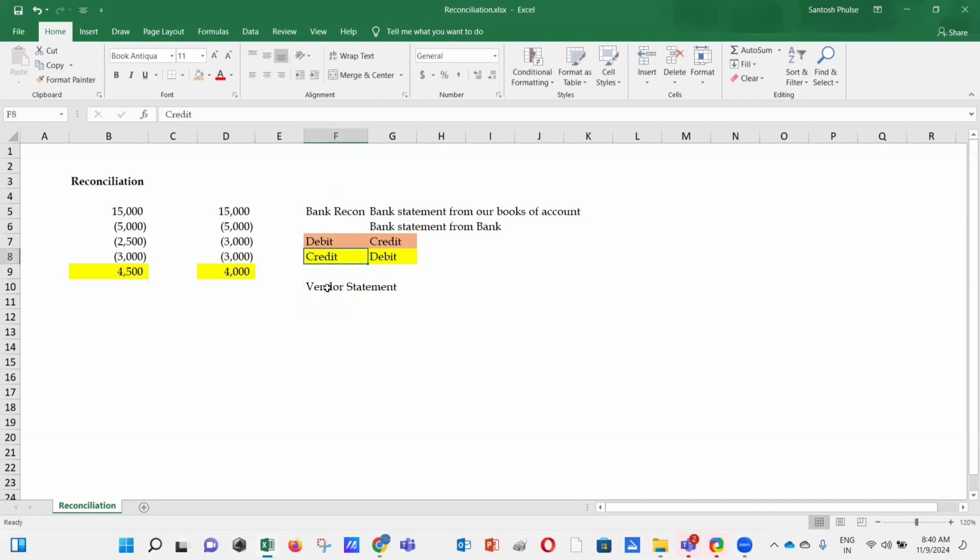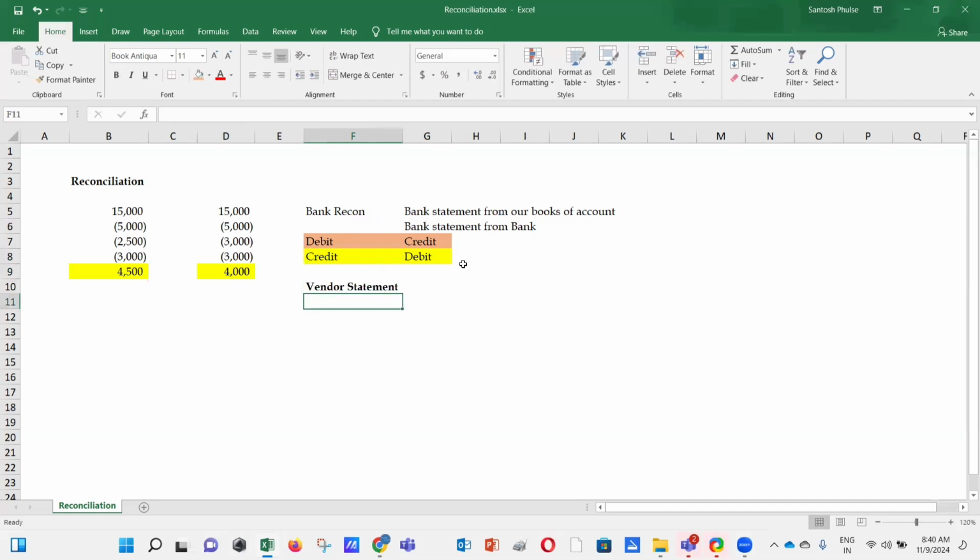In the vendor reconciliation, you have two statements: one, the vendor's ledger statement as per your books of account, and the other, the statement from the vendor.